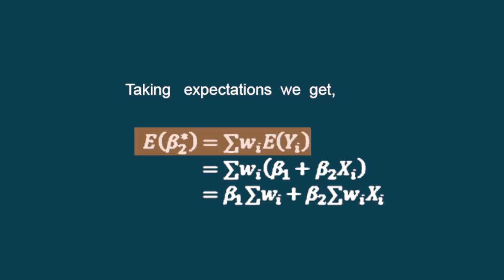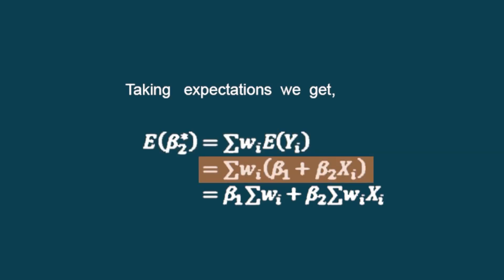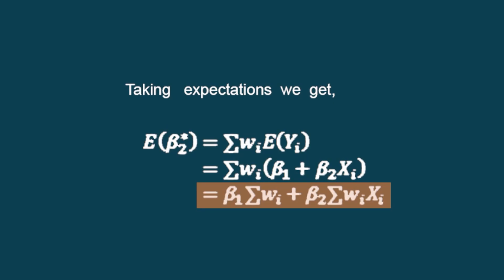Now we see summation of wi, and in place of yi we substitute the two variable regression model, beta 1 plus beta 2 xi, because this comes from the original model as stated in the equation. After removing the bracket, multiplying with beta 1, we get beta 1 summation wi plus beta 2 summation of wi xi.